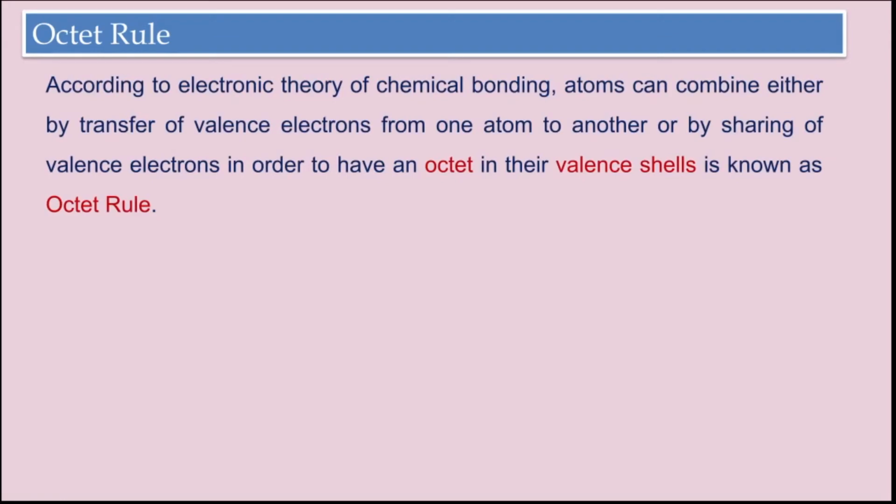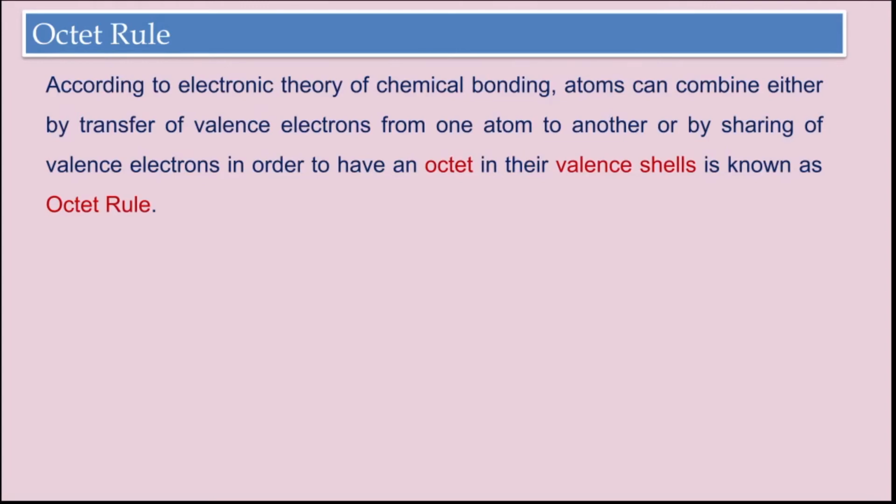Next we shall see what is octet rule. According to the electronic theory of chemical bonding, atoms can combine either by transfer of valence electrons from one atom to another or by sharing of valence electrons in order to have an octet in their valence shells.